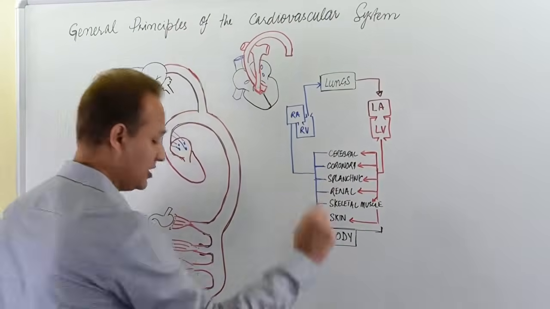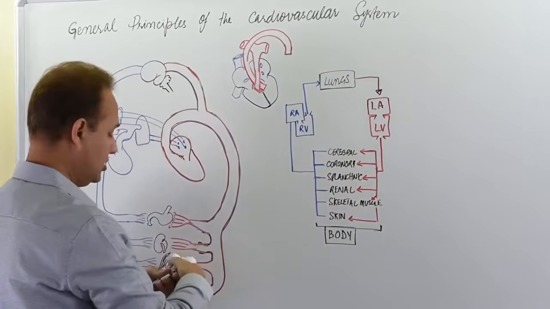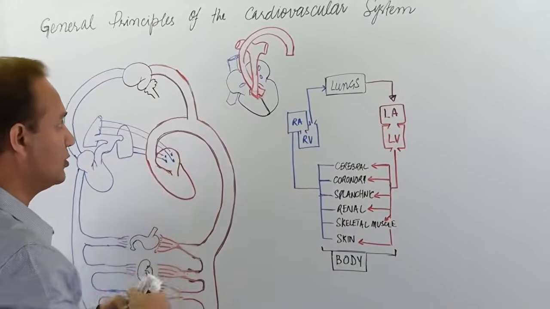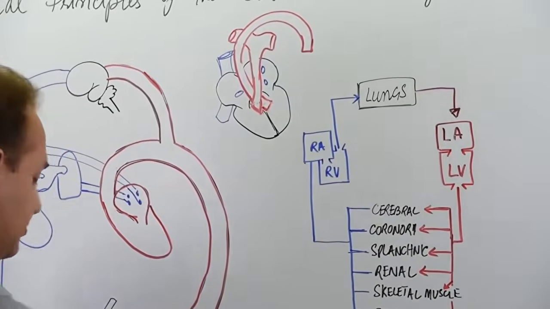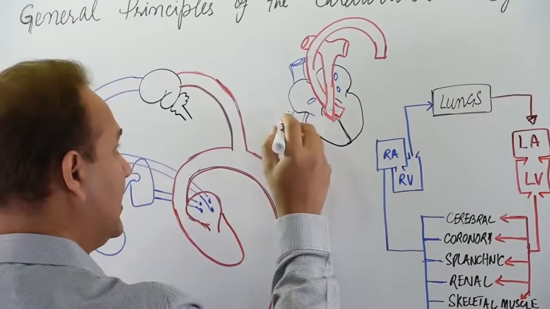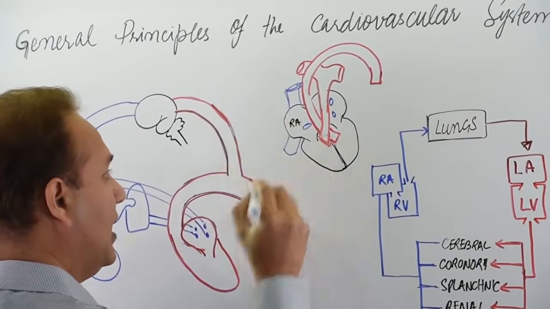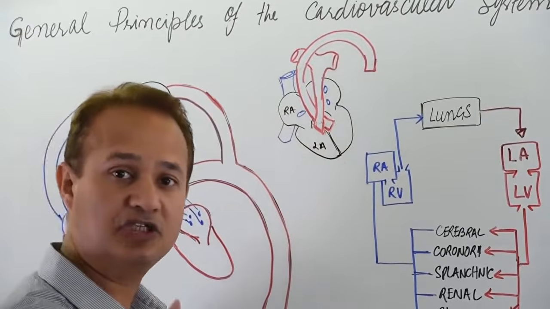So let's start from here. The heart here that is drawn, and you'll see a picture as well. It has 4 chambers. The 4 chambers are, number 1, the right heart, right atrium, RA, and right ventricle. That is one functional unit.